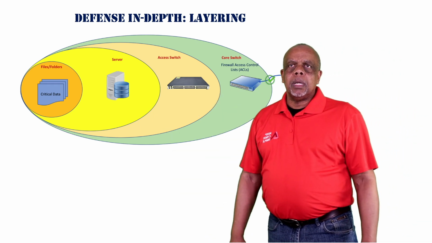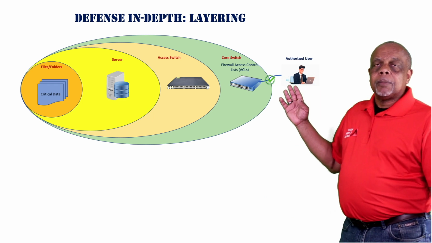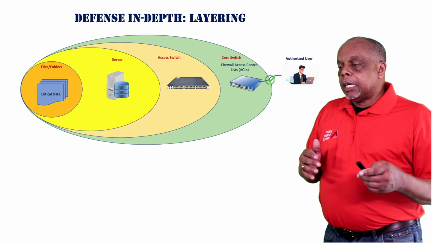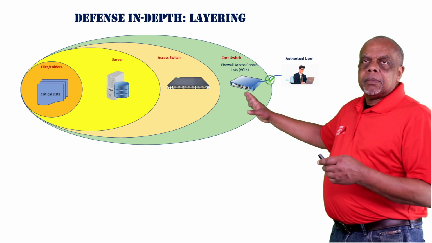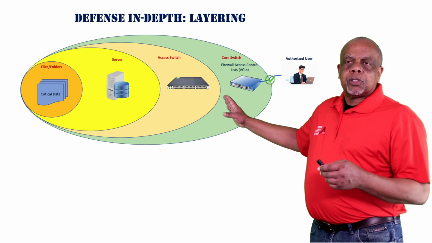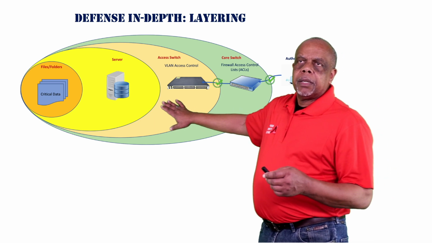So I have this user, got a laptop out here, very similar to the case study you're going to do. He's got a laptop, connects. There's a firewall set up on here, VLANs set here.